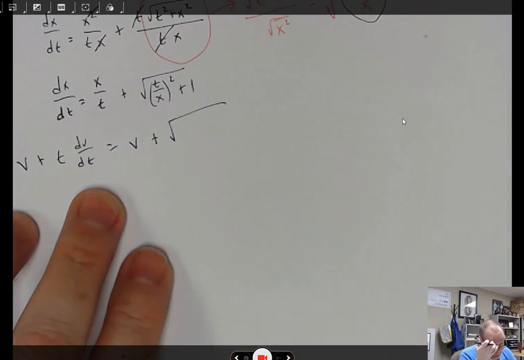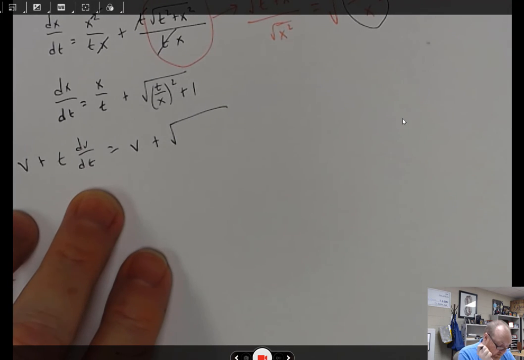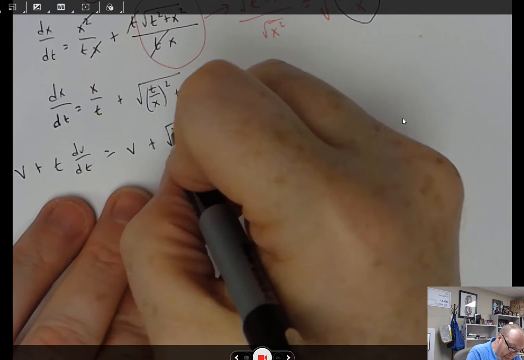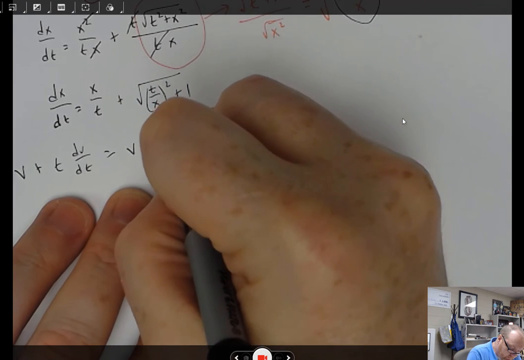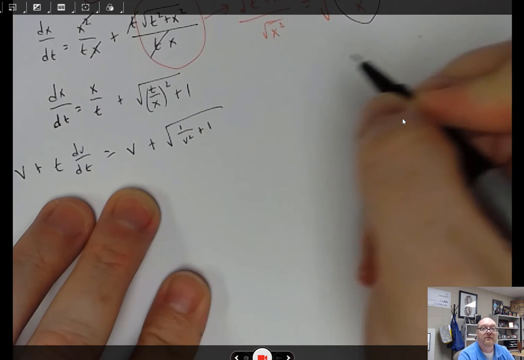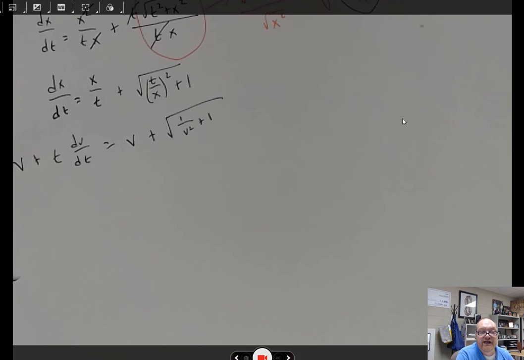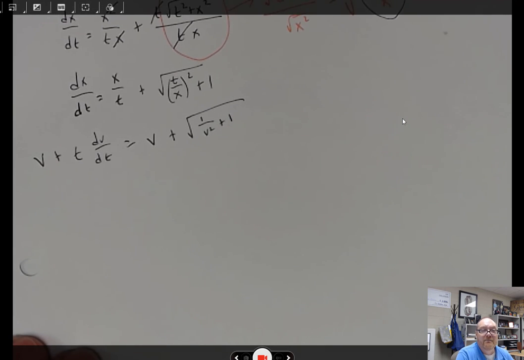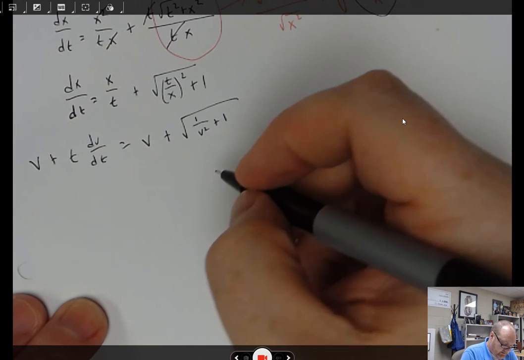And then I have the square root, and I said we could do 1 over v. Maybe I will leave it like that. That's a 1 over v squared. I'm actually wondering if I hadn't done the integration yet, so I'm just kind of thinking ahead. Maybe a common denominator is in order there. Who knows?